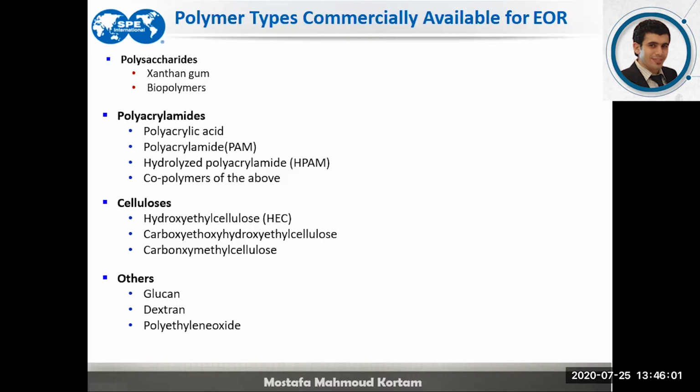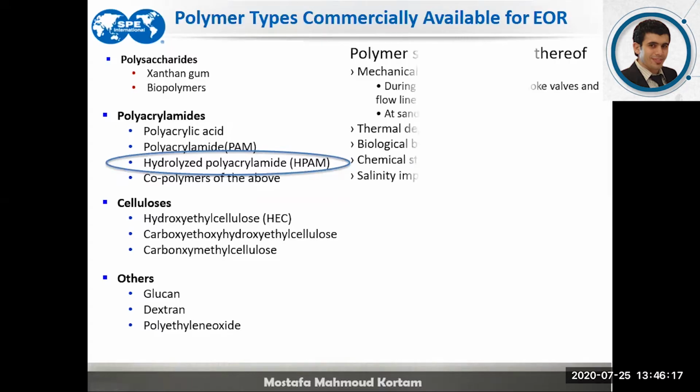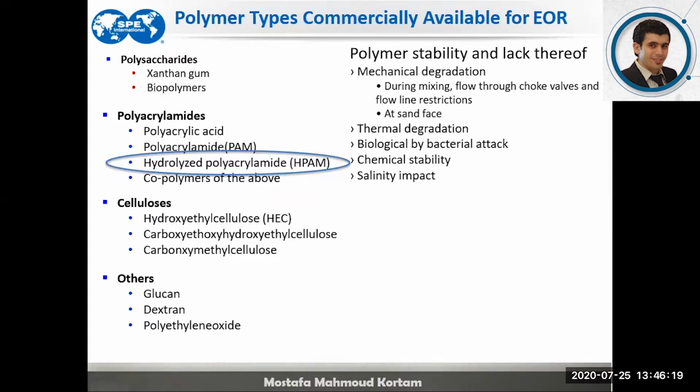And there are some other polymers that are frequently used, but on a small scale. The most dominant and famous polymer type is the hydrolyzed polyacrylamide, according to the good features that it offers.